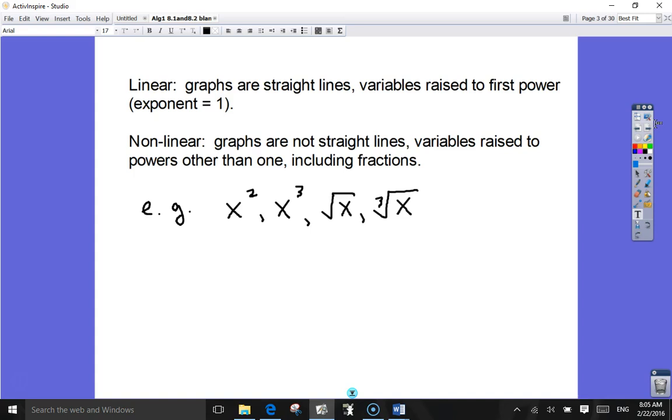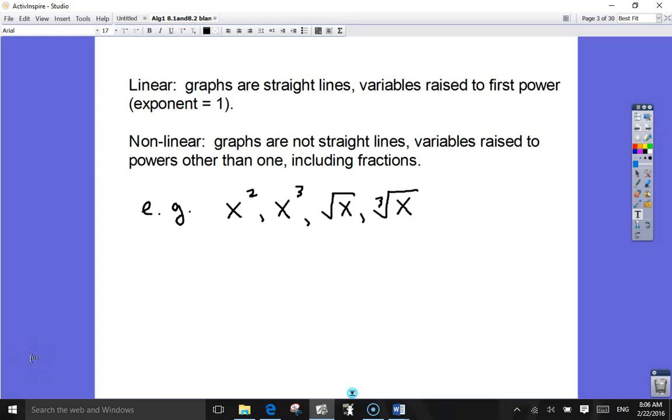So linear to nonlinear. They're not straight lines.